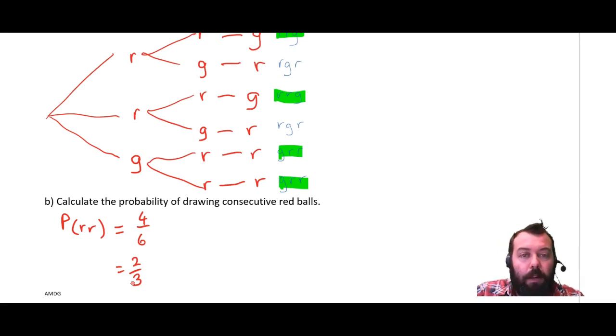If the middle ball is red, then I'm going to get consecutive red balls in this situation. So we could narrow down our calculations here a little bit and go, well, what's the probability that the middle ball, that the second ball is red, and the probability that the second ball is red is 2 out of 3.